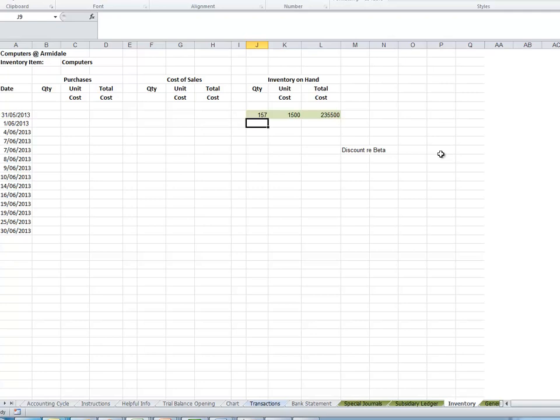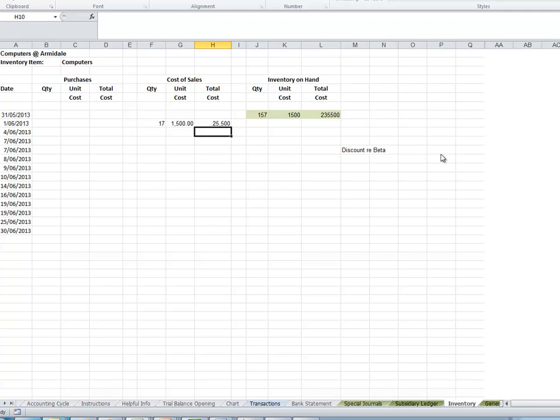Righto. Now we've got our first transaction of the first of the 6. Did we purchase? No, we sold. We sold 17 computers at a unit cost of $1,500, and the total cost that we were carrying them for, so those 17 computers we sold, based on the pricing system we used, cost us $25,500.